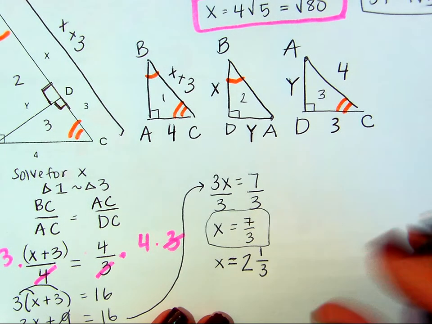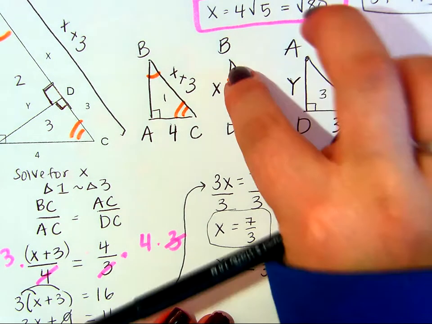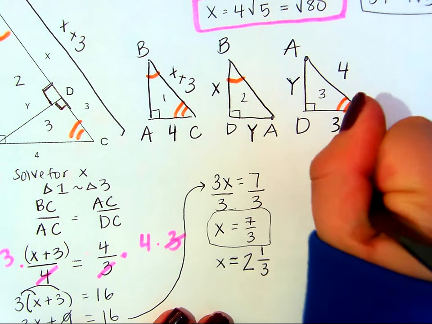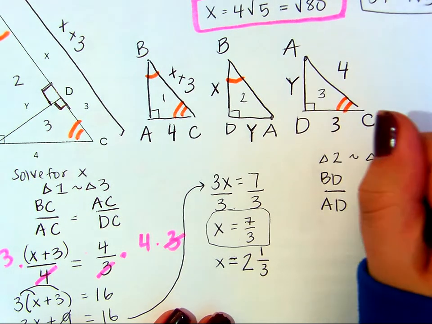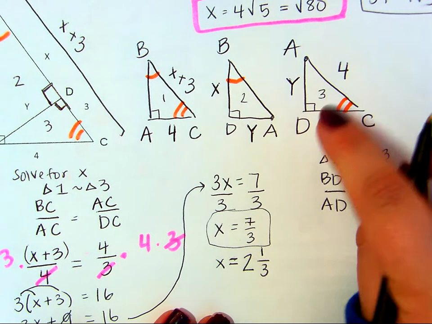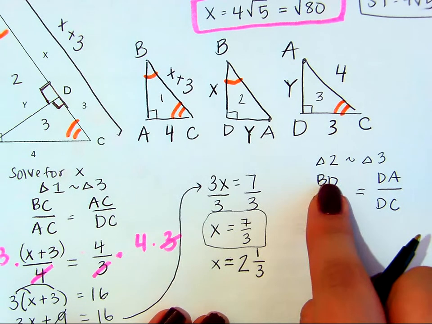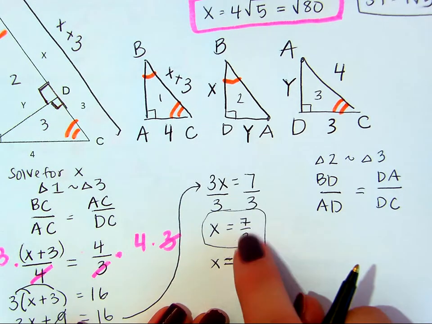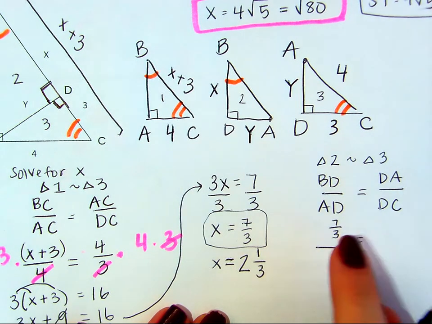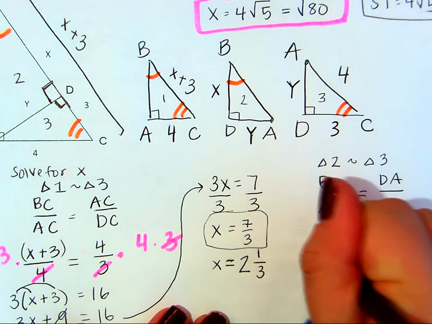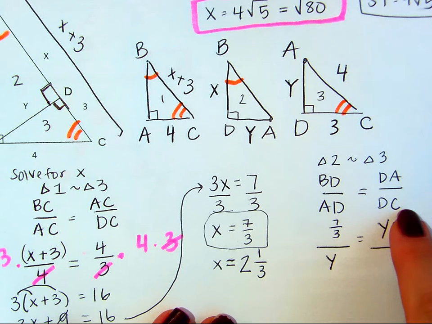Looking at triangle 2 being similar to triangle 3, BD corresponds to AD on triangle 3, and DA corresponds to DC on triangle 3. BD is x, and x is 7/3. 7/3 divided by AD, which is y, equals DA, which is y, divided by DC, which is 3.